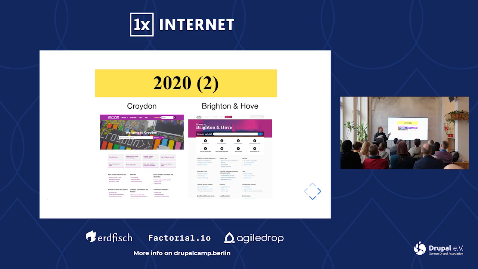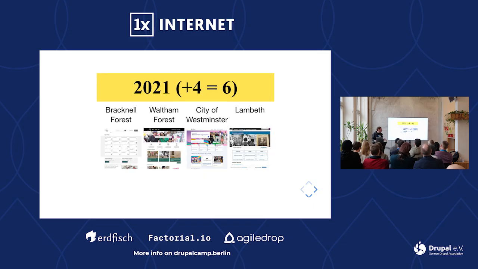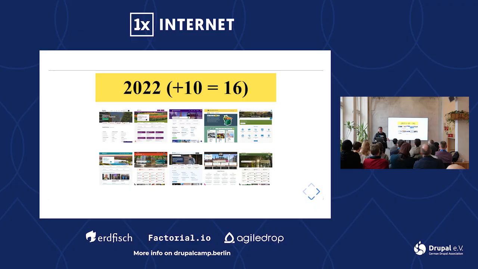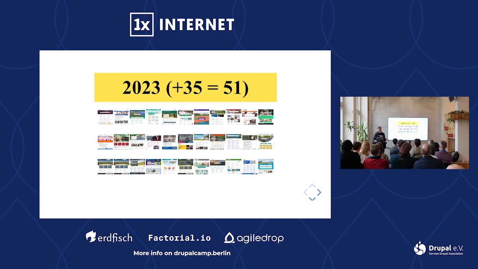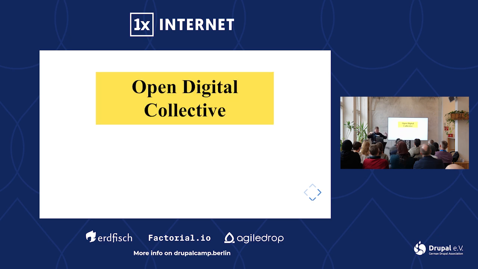So this was all kind of specific code, so we spent quite a lot of time generalising it, and then the next year we had like 6 councils, then 16, then 51. It's more than that by now already.